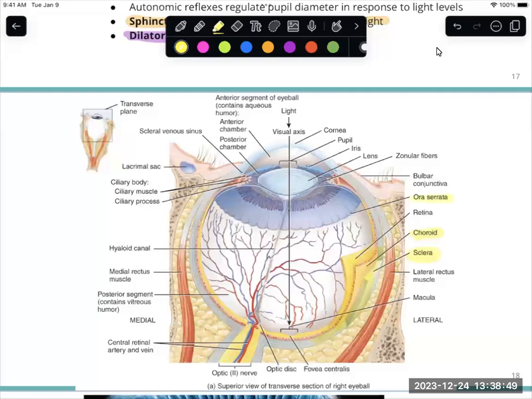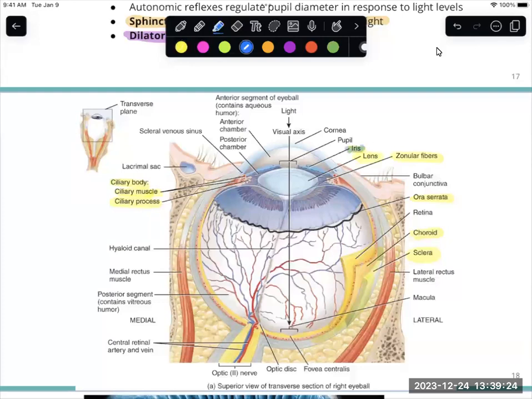This ora serrata is this portion that kind of travels all the way around the eye. We have this ciliary body with these ciliary muscles and the ciliary processes. Those ciliary processes are holding those suspensory ligaments, which are also known as zonular fibers. They are what attach to the lens.